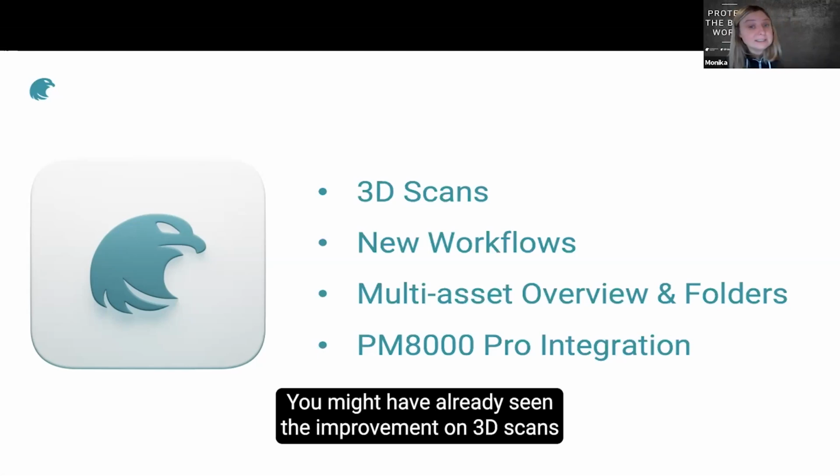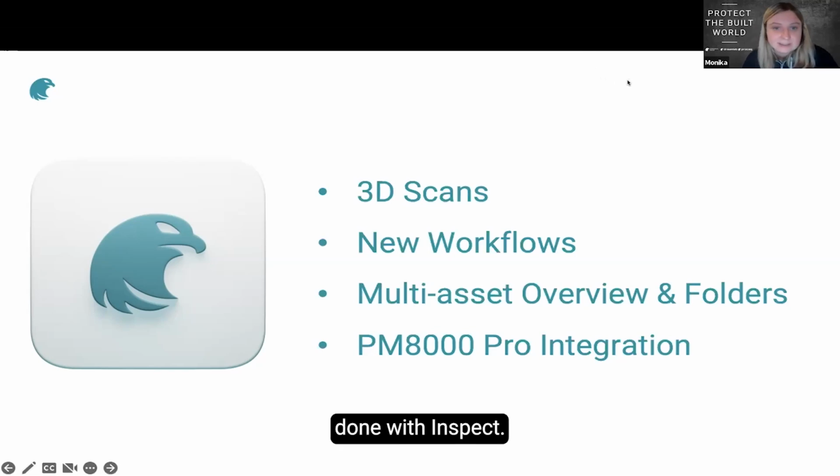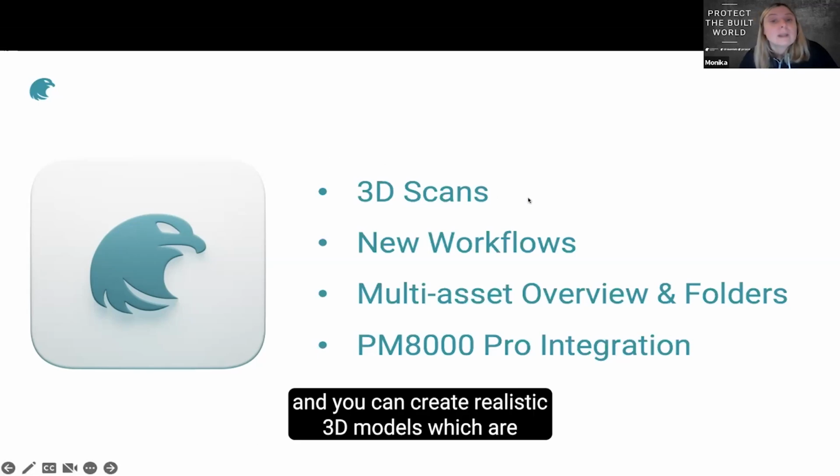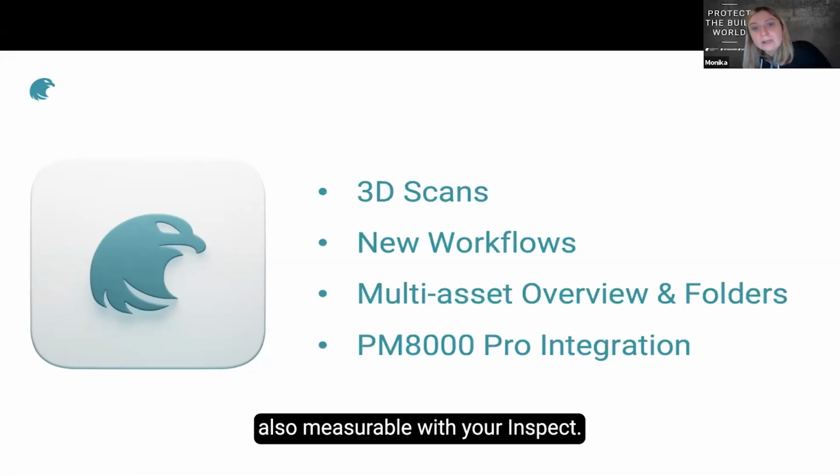You might have already seen the improvement on 3D scans done with Inspect. So all you need is a new iPad with the LiDAR functionality in there, and you can create realistic 3D models, which are also measurable with your Inspect.